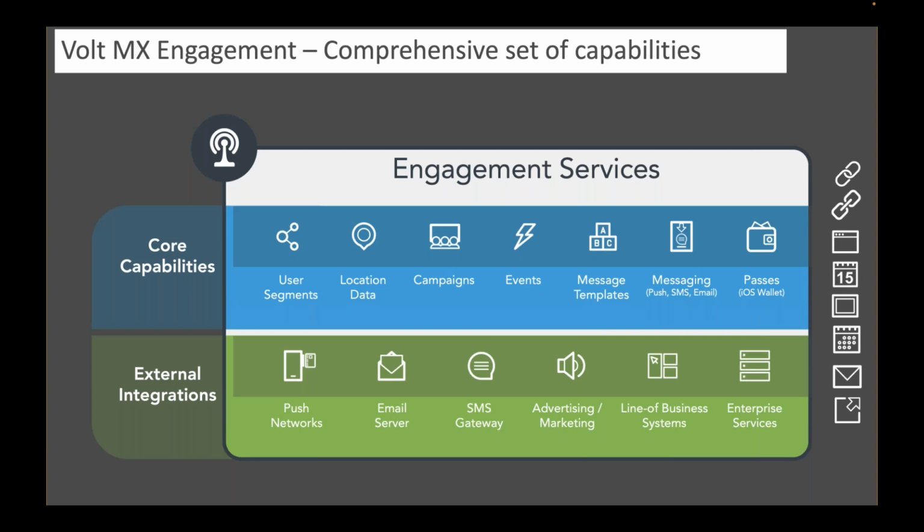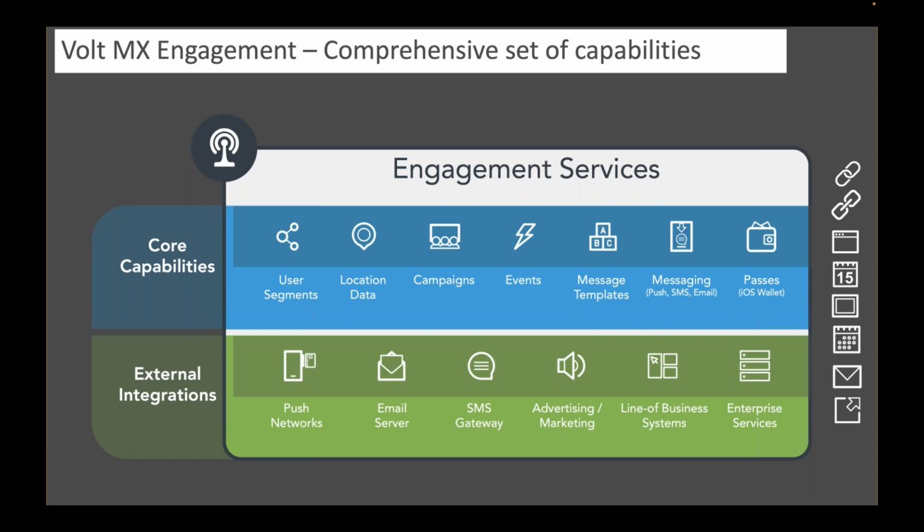Say I have an app built for a specific retail outlet and I'm within half a mile of it, it can detect that. If you've created a campaign saying that if the person is within half a mile, send them a promo code, saying, hey, there is a 10% discount, do you want to go and buy, right? So you can do those kinds of promotions using VoltaMX engagement. So this is another service.